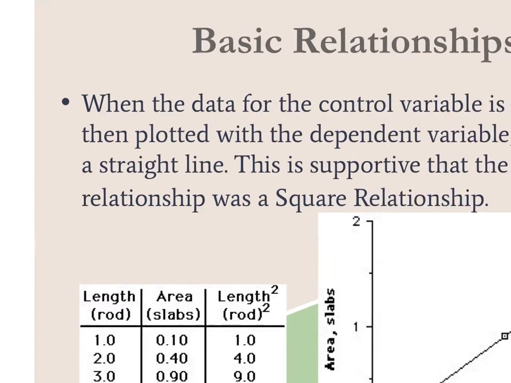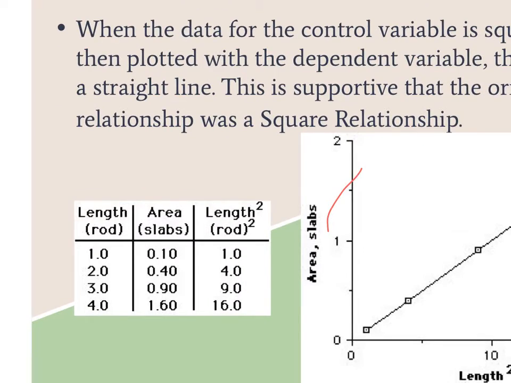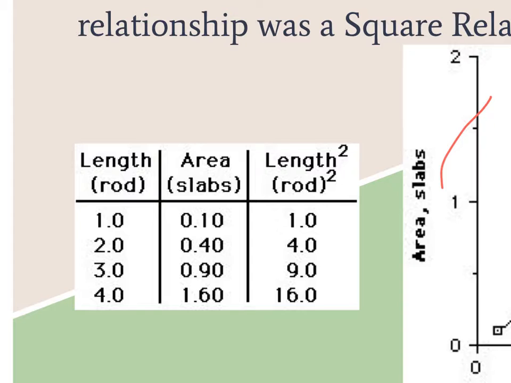And so again, let's come down here. Here's our x, here's our y, and this is x squared. And so obviously this here is 1 times 1, 2 times 2, 3 times 3, 4 times 4.